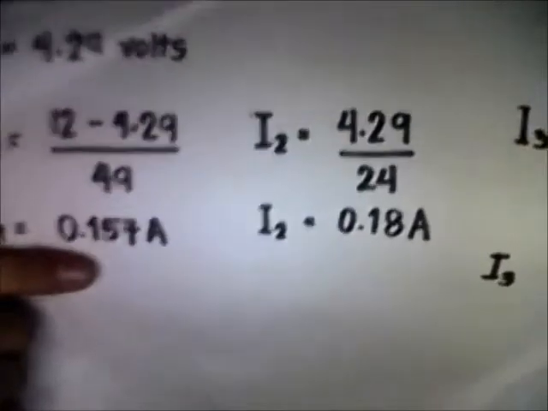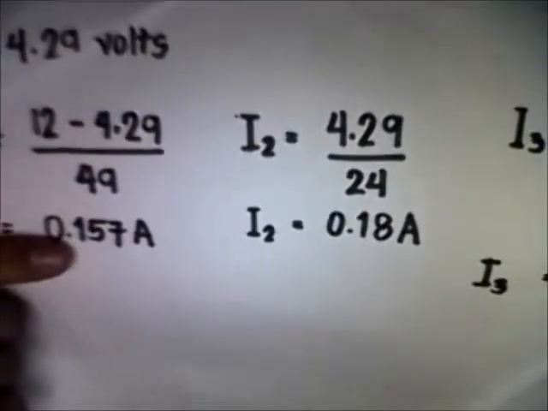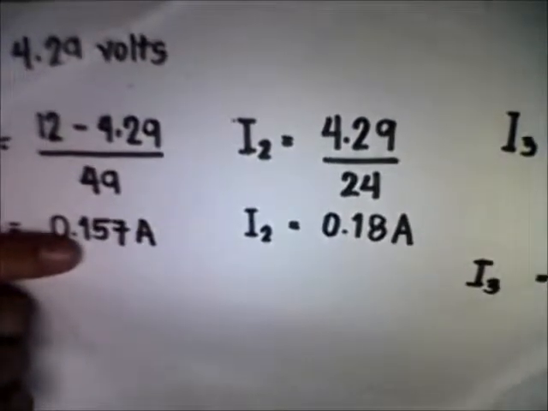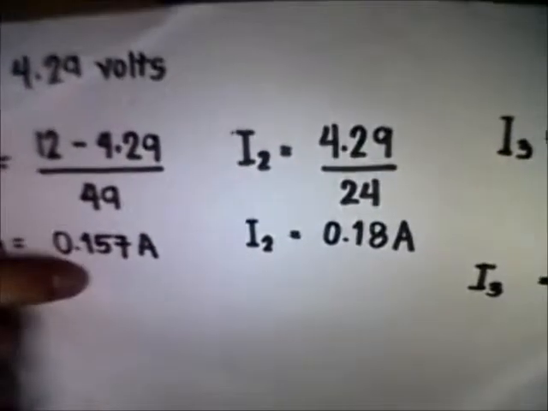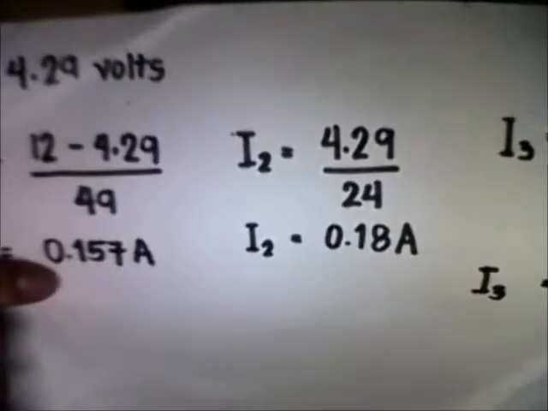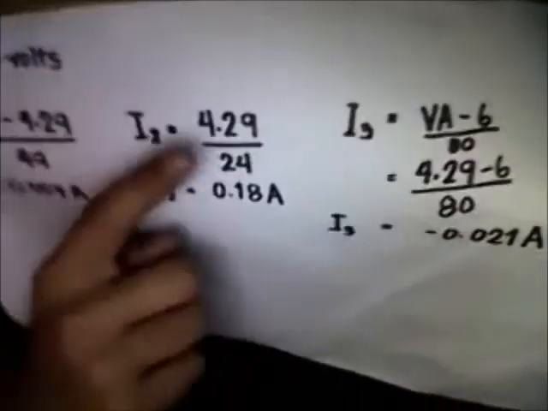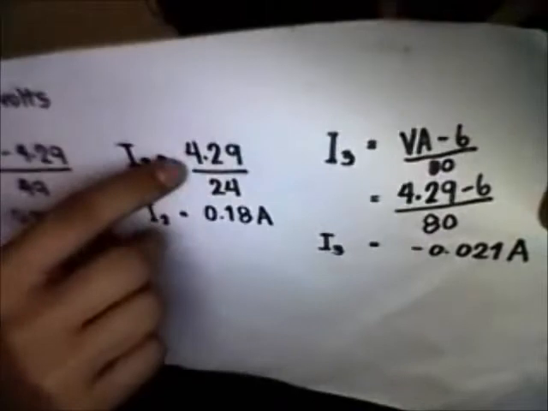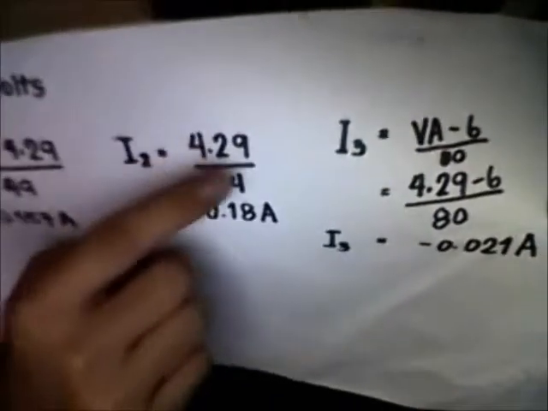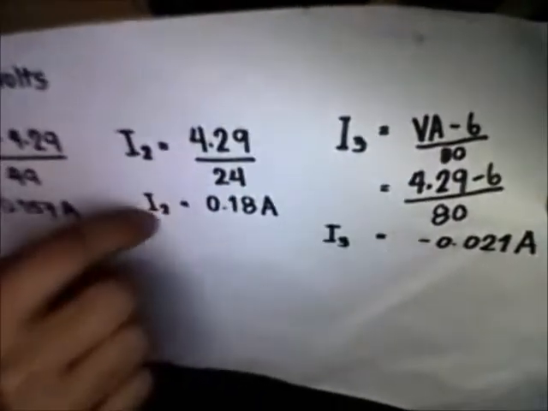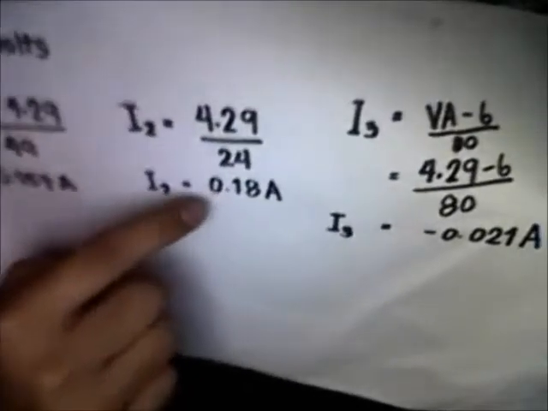We acquire current 1 is equal to 0.157 amperes. Next is for I2. Substitute the value of VA, and therefore we acquire 4.29 over 24. We have I2 equal to 0.18 amperes.